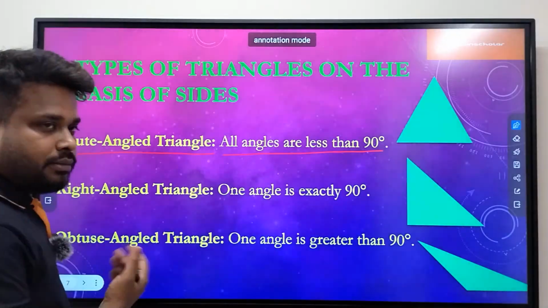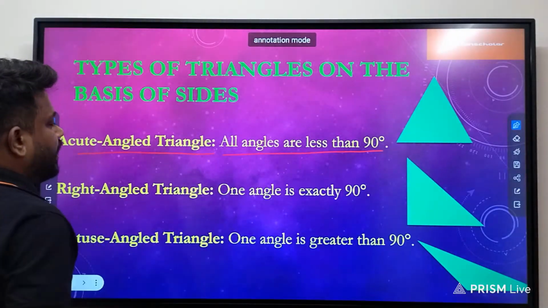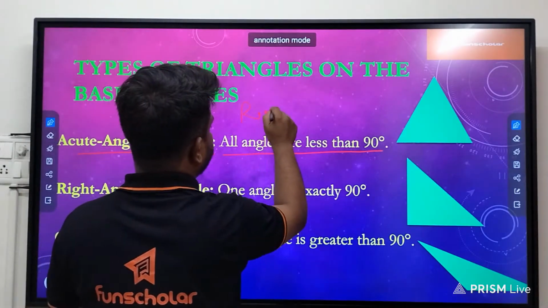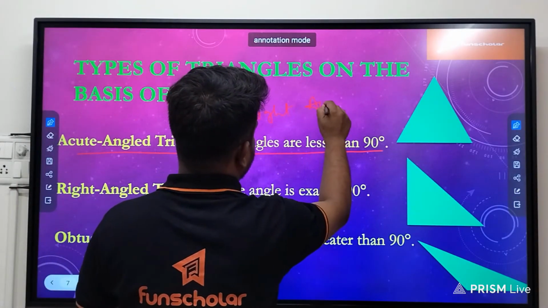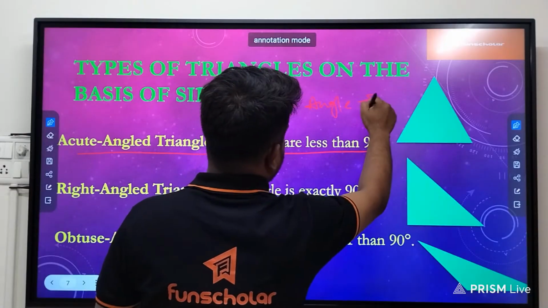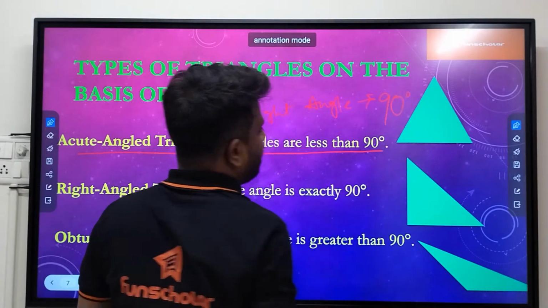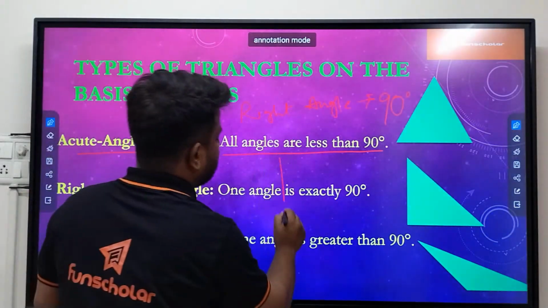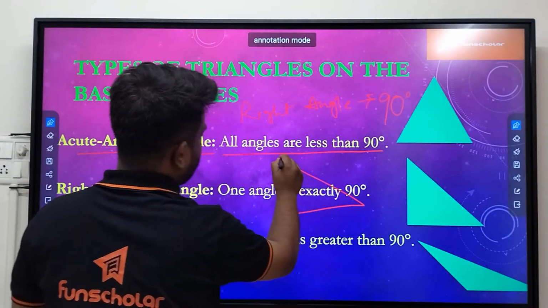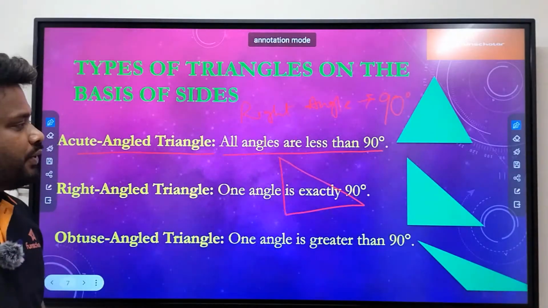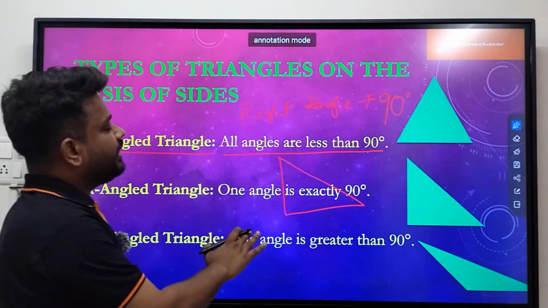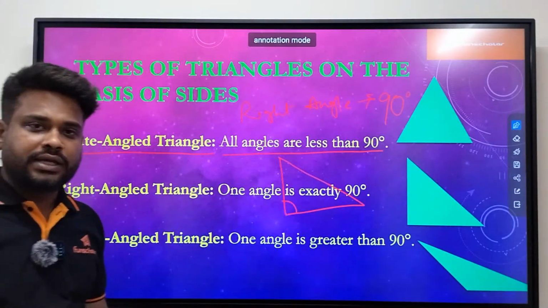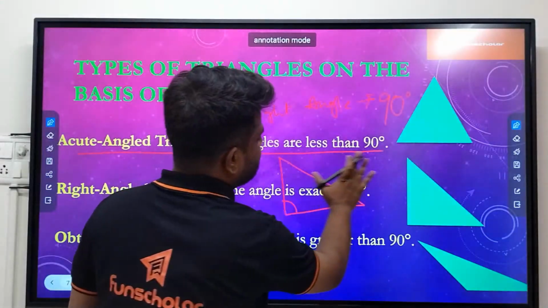Right, now let's come to the next one, that is the right angle triangle. Talking about right angle means 90 degrees. The right angle triangle, which has one angle measuring 90 degrees, will be called the right angle triangle, and this image is similar to this image.